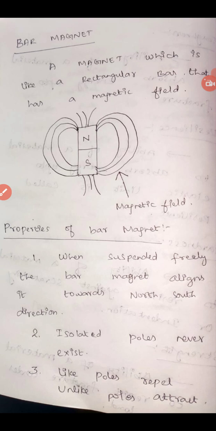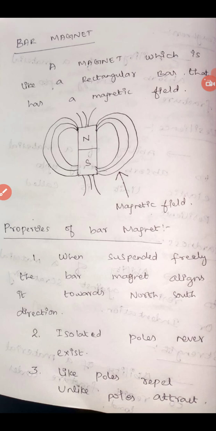It has a north pole as well as a south pole, and along with that it has a surrounding magnetic field. So it is called a bar magnet.